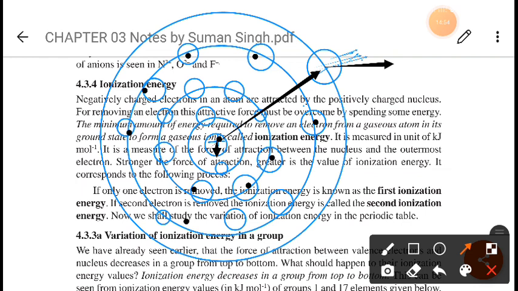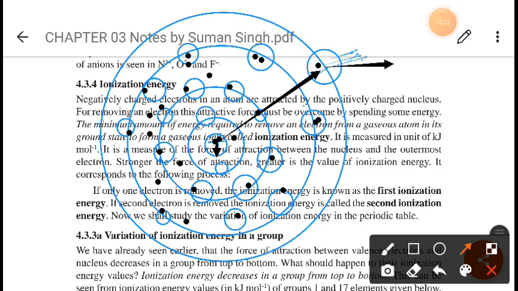These will shield the valence electron from the nucleus. These inner electrons will decrease the effect of the nucleus on the valence electron, okay.